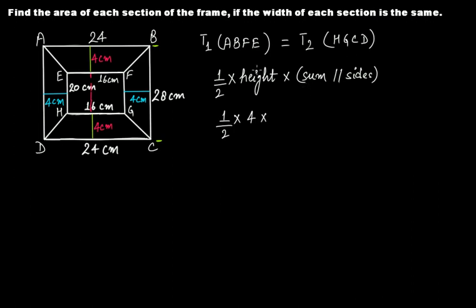What's the sum of the 2 parallel sides? 24 plus 16 is 40. So this becomes 80 centimeter squared. So the area of this trapezium is 80 centimeter squared. Therefore, the area of this trapezium will also be equal to 80 centimeter squared.